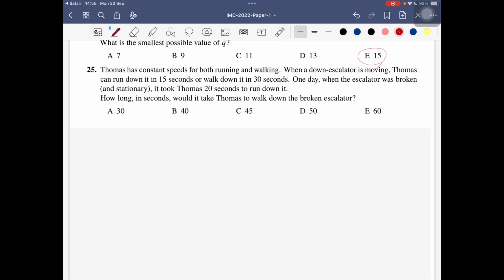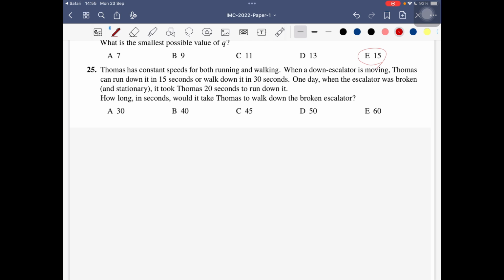One day, when the escalator was broken, it took 20 seconds to run down it. So how long in seconds did it take to walk down the broken escalator?